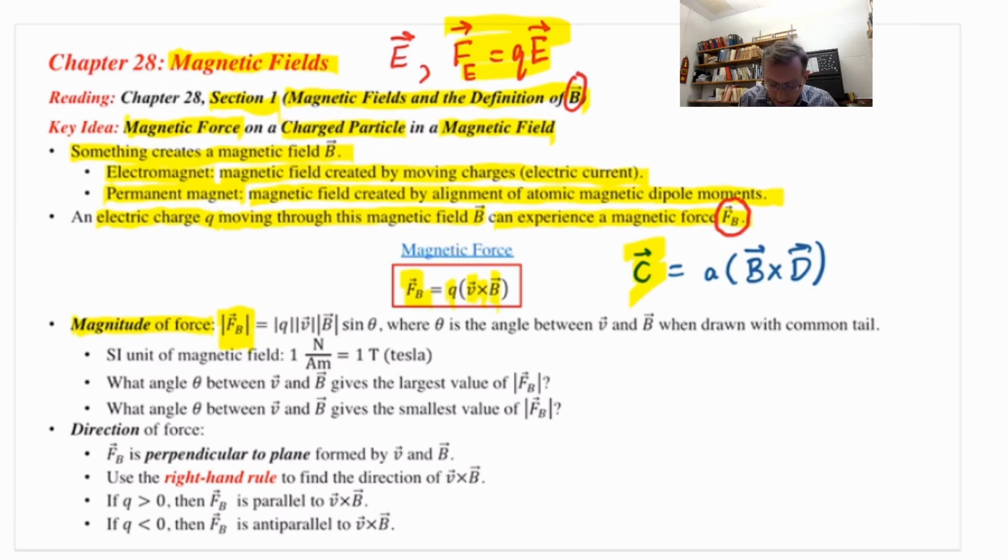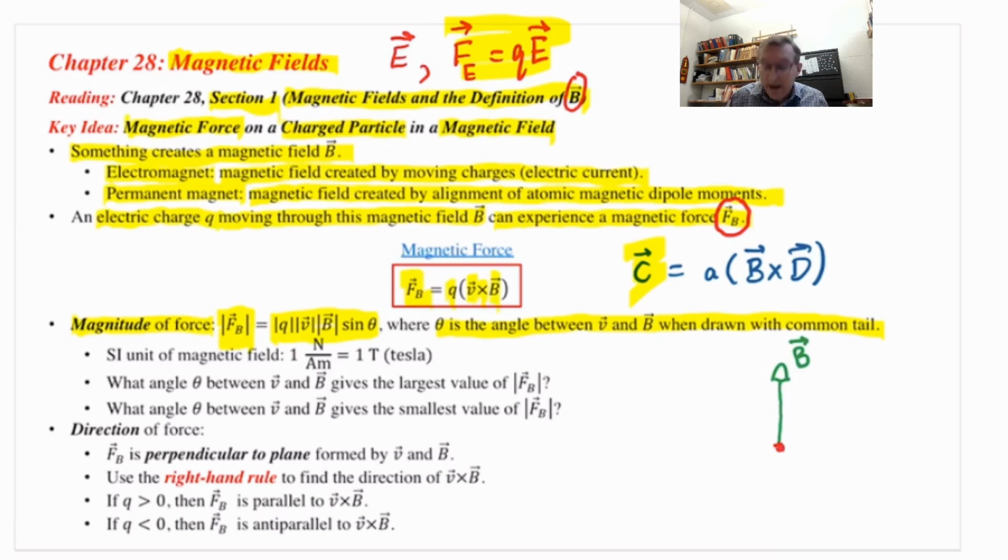So here's the formula for F_B magnitude. Magnitude of q, because q could be negative, we don't want that. Magnitude of v arrow, magnitude of B arrow, sine theta, where theta is the angle between v arrow and B arrow when drawn with a common tail. On the previous animation, I had a magnetic field that pointed straight up in the plus z direction.